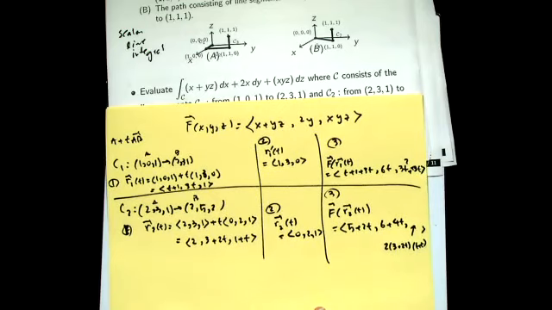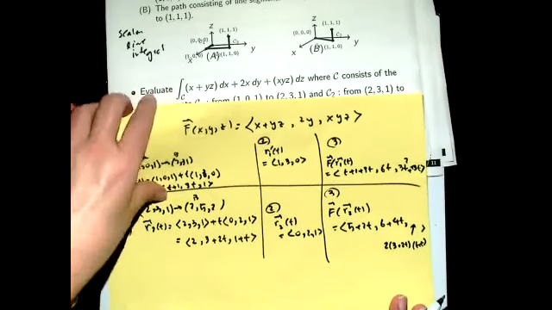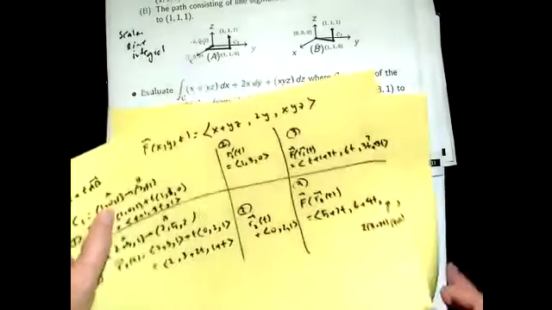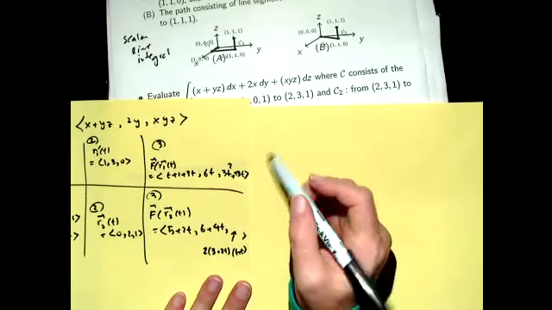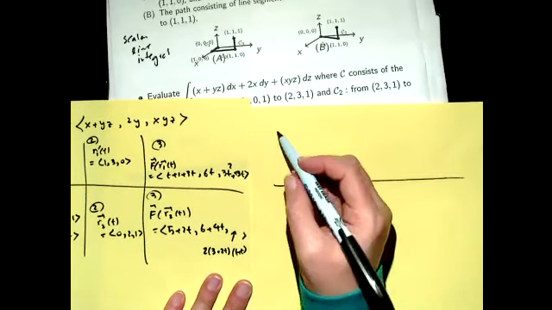Now, the last step for all of them is to multiply and integrate. So the dot product. Someone pointed out in the chat that the y component for your F is 2x, not 2y.